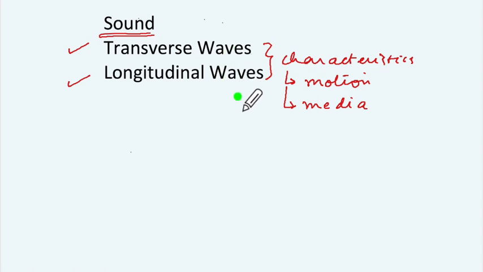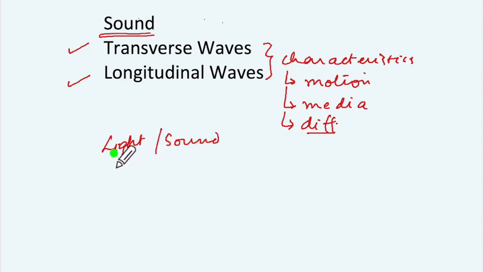All right, so all these are important questions, and you should also know the differences between them. That forms a good MCQ question also. Then we have the differences between light waves and sound waves. How are they different from each other?